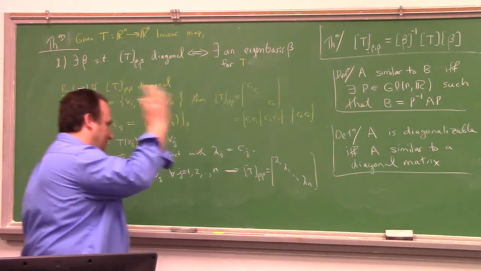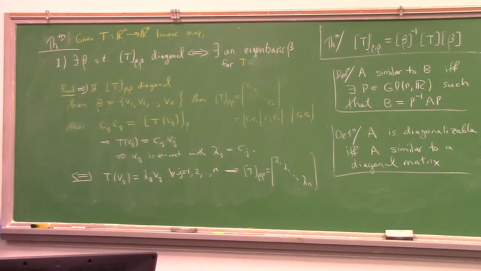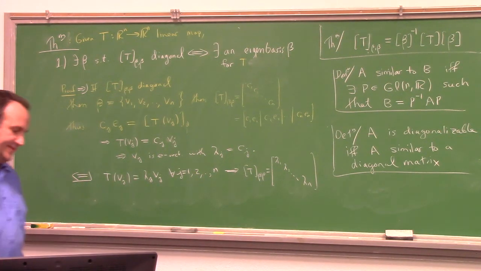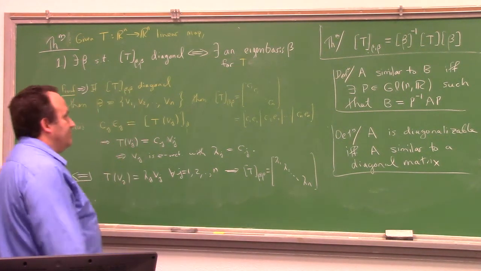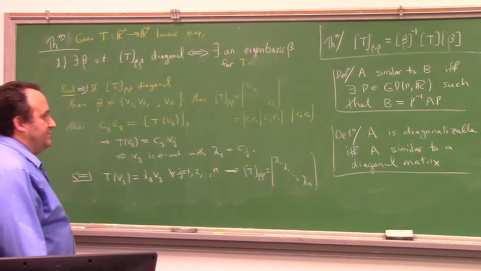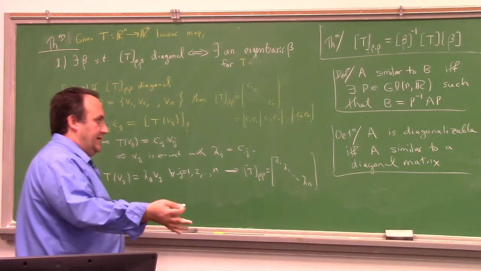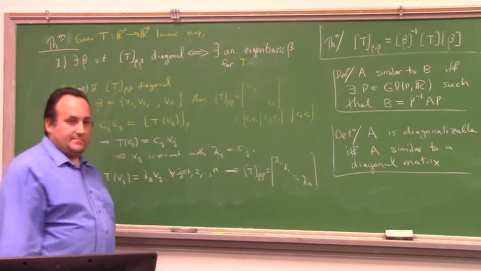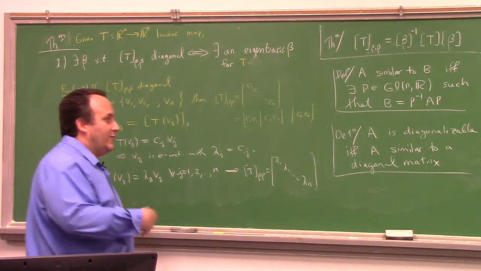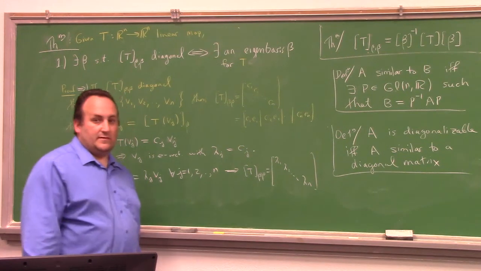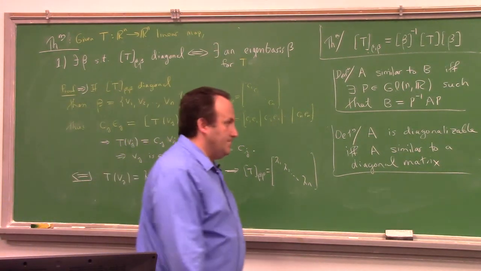And with the theorem I have on the board, we can say this: a matrix is diagonalizable if and only if it has an eigenbasis. And we can use that eigenbasis to actually perform the similarity transformation. All right?